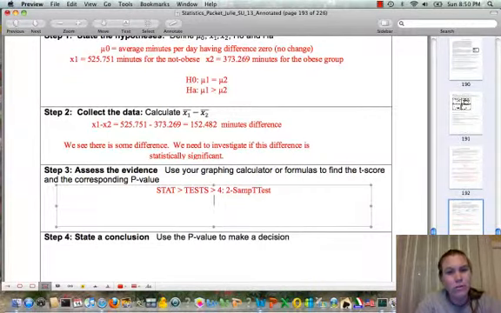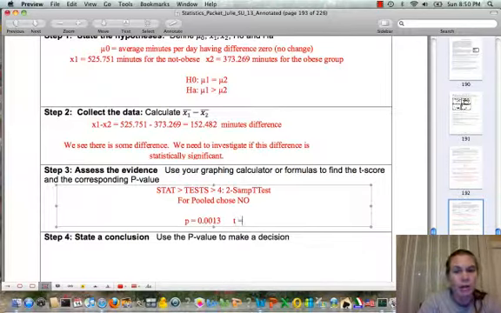And then enter the data that you see there. For pooled, when you get to that question, choose no. We don't want to pool our data. And we get a p-value equals 0.0013 after some rounding. And the t-value equals 3.71.